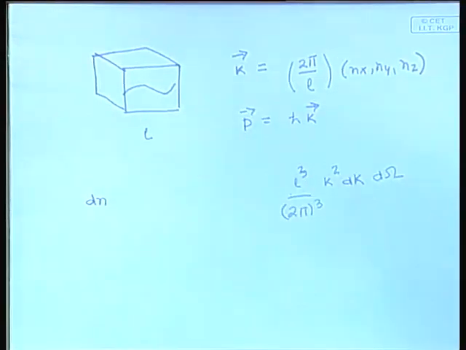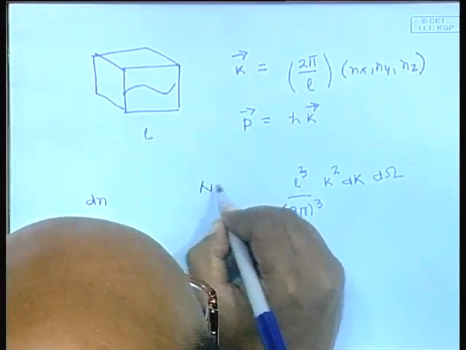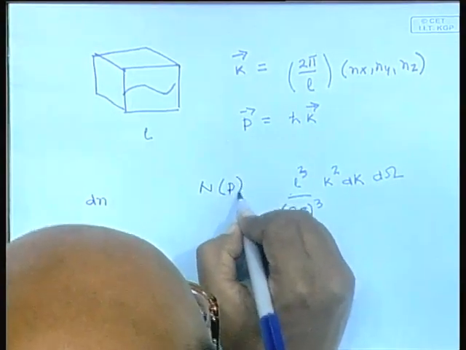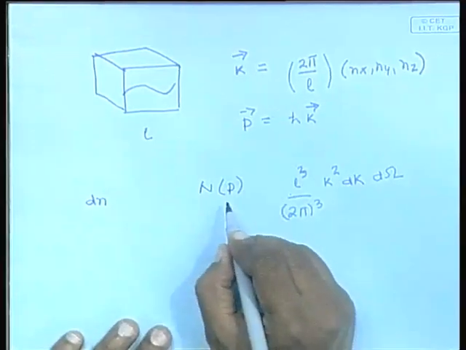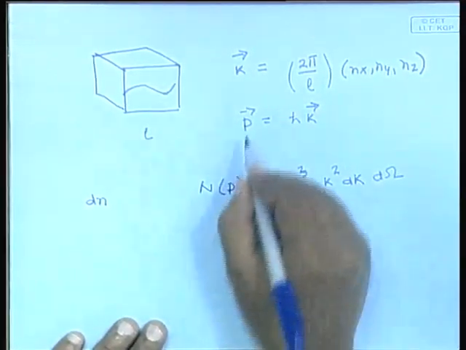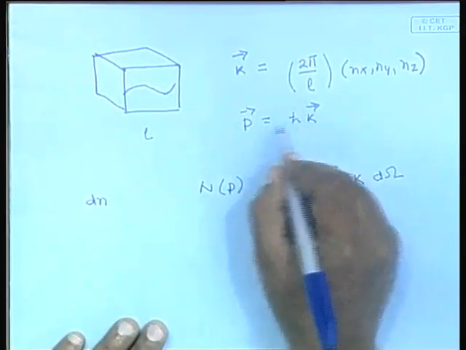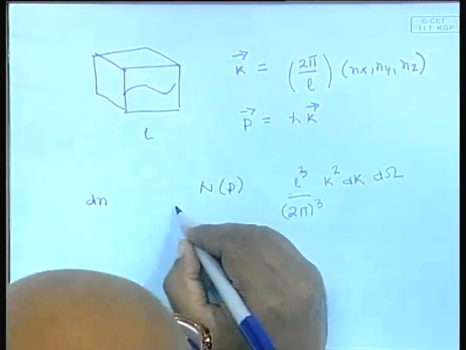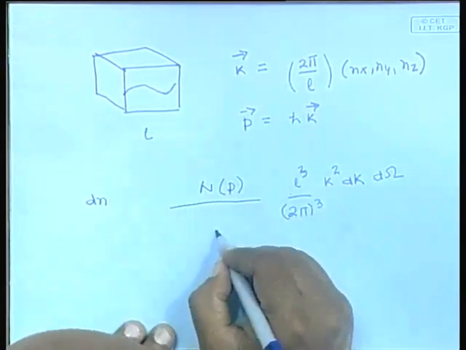This is the number of modes, and then we are interested in the number of particles per unit volume. So, this is going to be Np, where Np is the occupation number of a particular mode, which you can calculate given k, and this is divided by L cube.